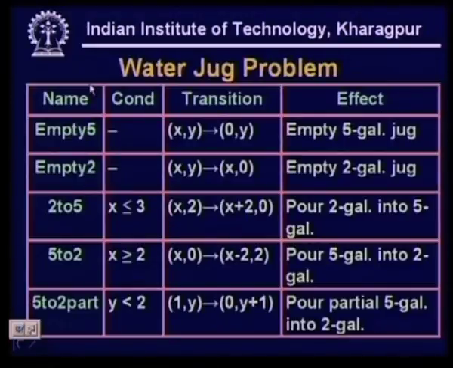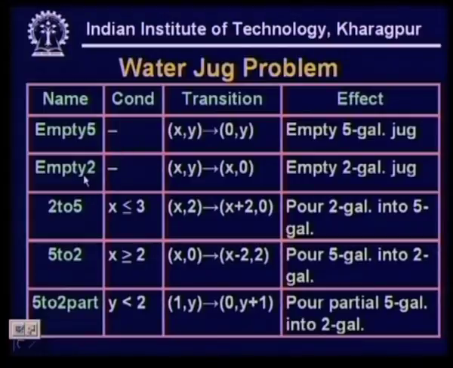Now, this table illustrates the different operators and the effect they have. These are the operators: empty 5 gallon jug, empty 2 gallon jug, transfer from 2 to 5, transfer from 5 to 2, transfer from 5 to 2 partially. Now, these are the preconditions.